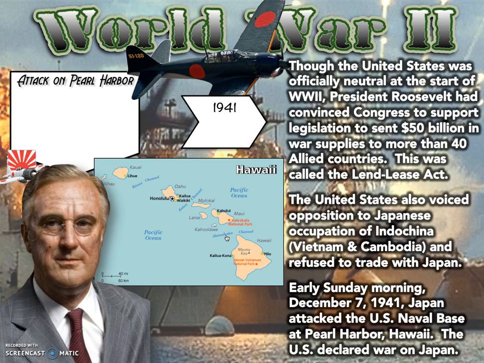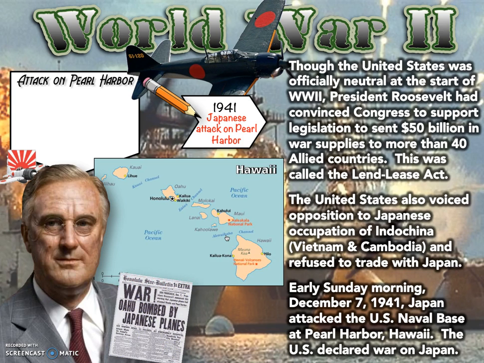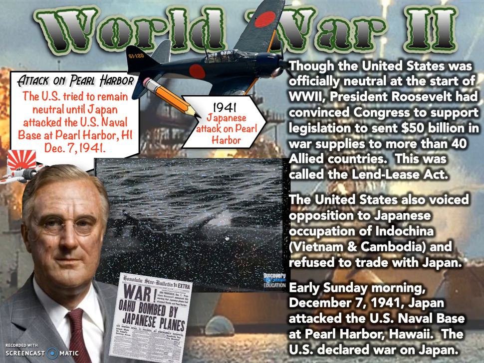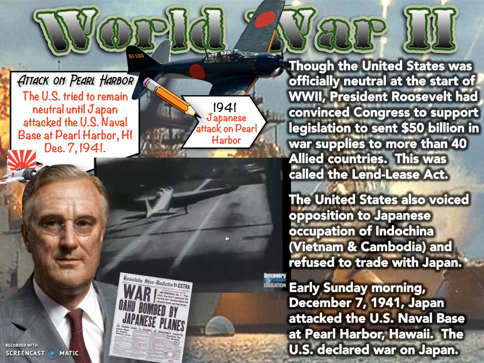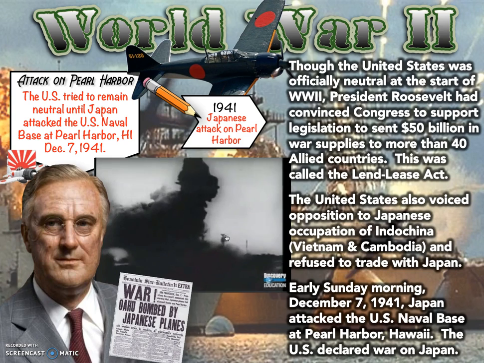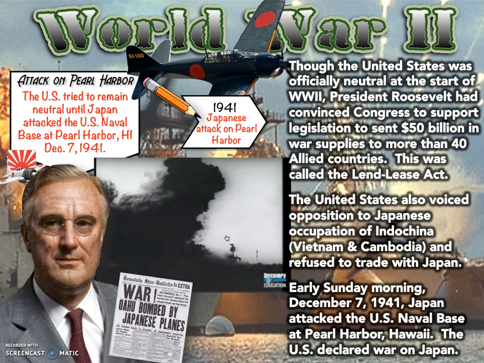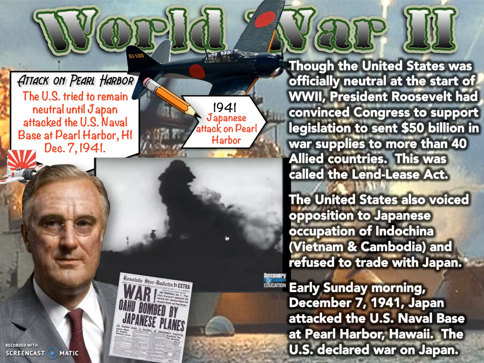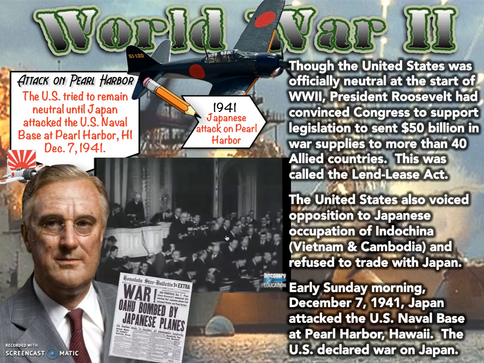The U.S. declared war on Japan. So you're going to write down Japanese attack on Pearl Harbor. The U.S. tried to remain neutral until Japan attacked the U.S. naval base at Pearl Harbor, Hawaii, December 7th, 1941.